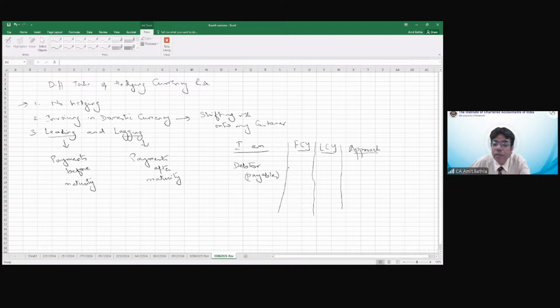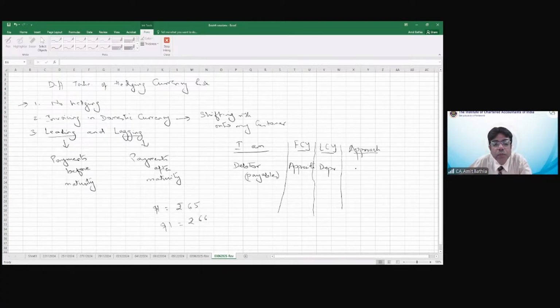Say, for example, if foreign currency is expected to appreciate, meaning today $1 is equal to rupees 65, and it is expected that $1 will become rupees 66. Considering I have a liability to pay, my obligation will increase. Foreign currency is appreciating, which means my local currency rupee is depreciating.